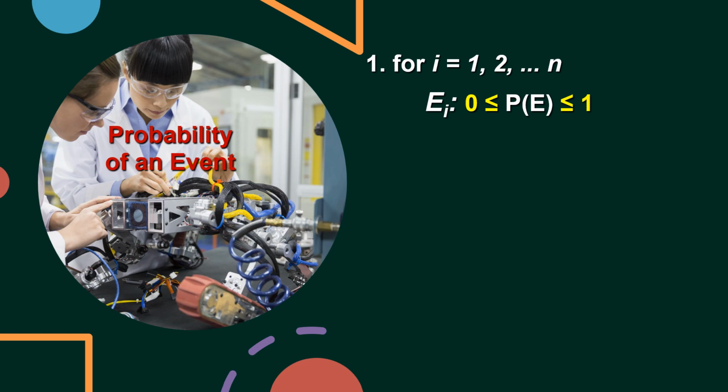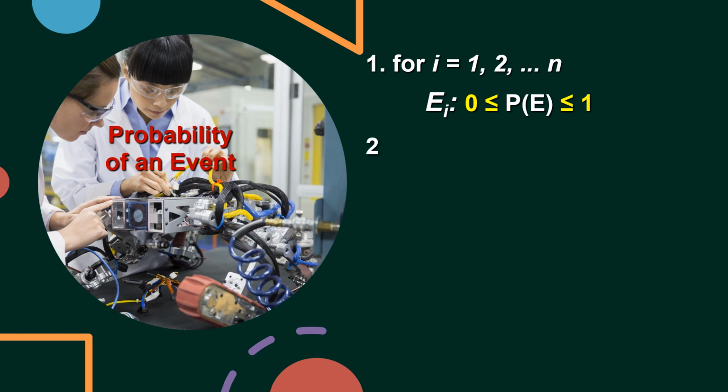There are two requirements for assigning probabilities. Number one, if Ei is the ith outcome of an experiment, where i equals 1, 2, until n, for all sample points or outcomes Ei, the probability of the event is greater or equal to 0, but lesser or equal to 1.